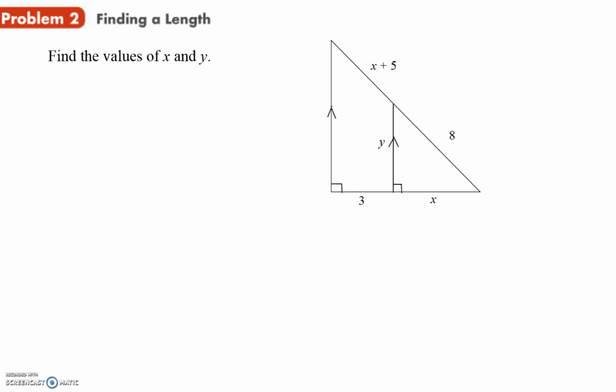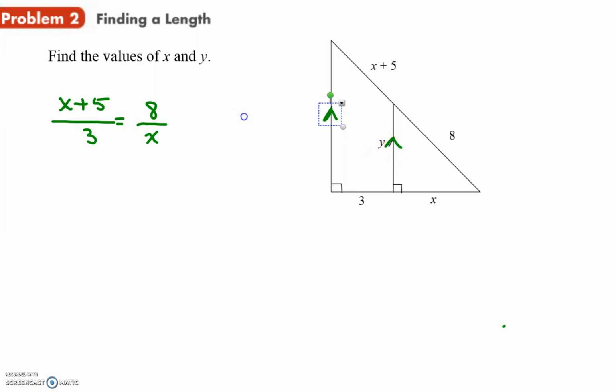So, for example, in this problem we want to find x and y. This is another side splitter. And I notice the parallel lines. I notice that these are across from each other. So I'm going to set up the proportion quickly here. I'm going with the sides because y is actually not part of the side.